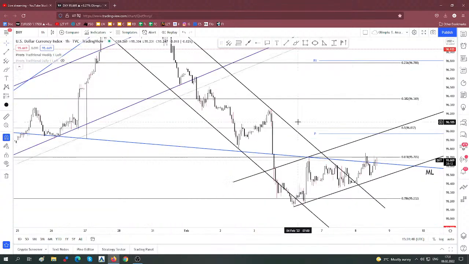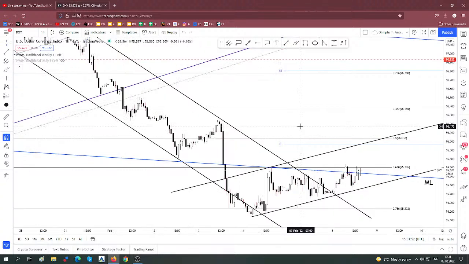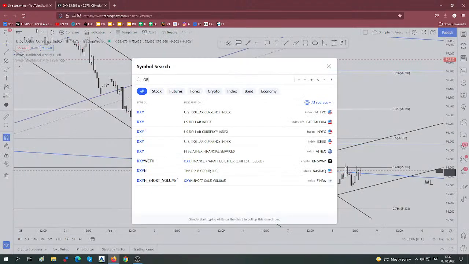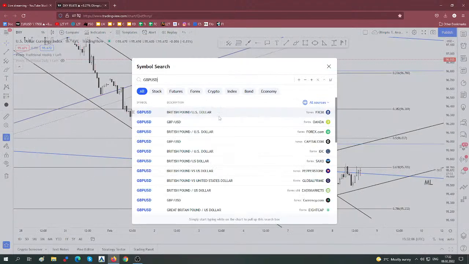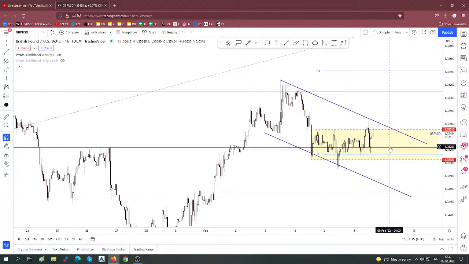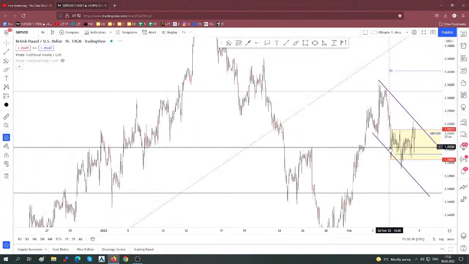Actually, I have only one trade right now, US dollar versus the Mexican peso. Let's wait and see how the dollar index will react. Maybe we'll have new US dollar long opportunities, or maybe US dollar short opportunities. And maybe I will trade British pound versus US dollar, but I will share my trade and my trade management only with the VIP members.